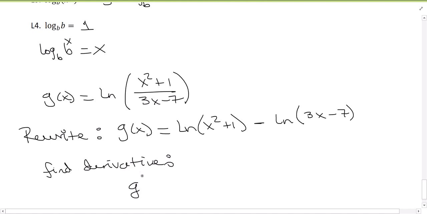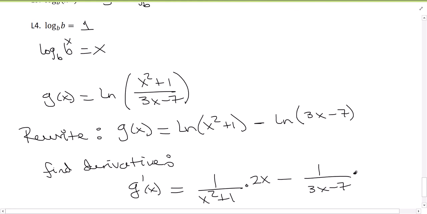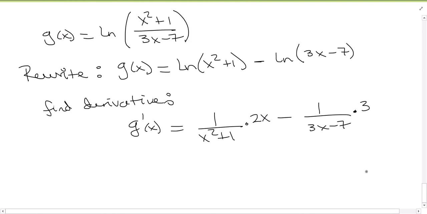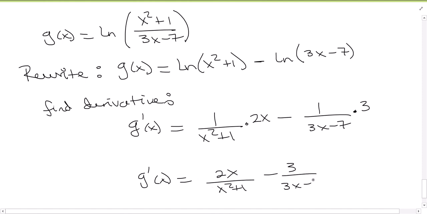And so when I take the derivative, I have g prime of x. I still need the chain rule. So ln of stuff, that's going to be 1 over the stuff times the derivative of the inside, so times 2x, minus 1 over the stuff times the derivative of the stuff. And so my derivative then is 2x over x squared plus 1 minus 3 over 3x minus 7.